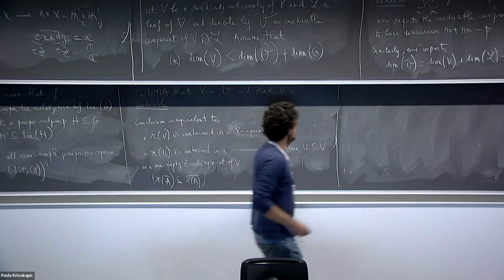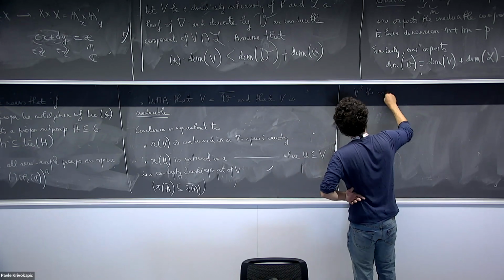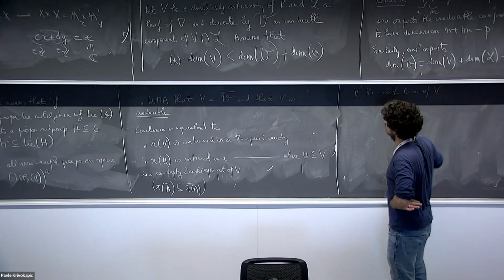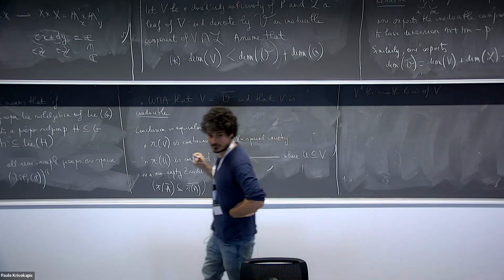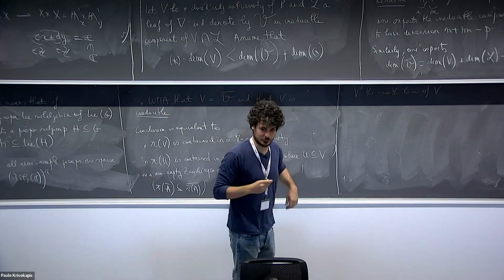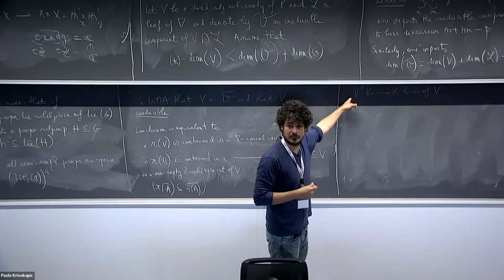Okay, so denote by V star the smooth locus of V. If I understood correctly the lecture of yesterday morning, you could take the normalization instead of doing that, but I'm just going to restrict the foliation to V star.